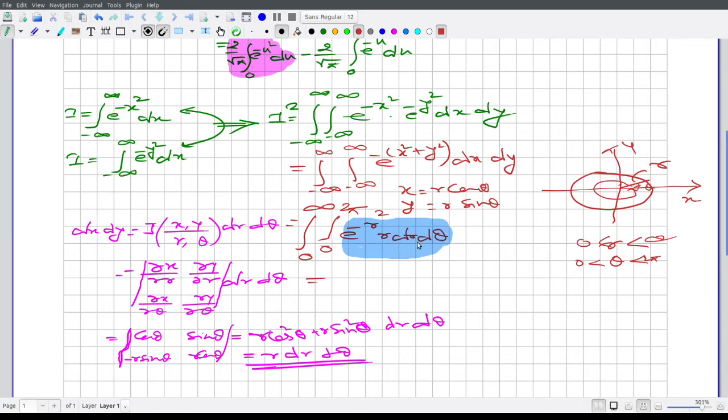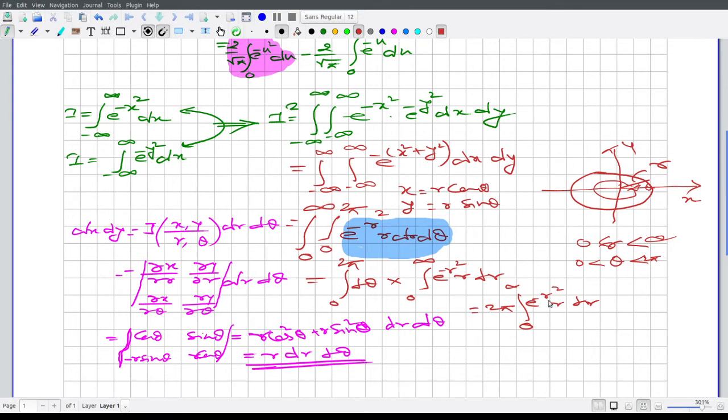First we can do the integral 0 to 2 pi d theta, times the integral 0 to infinity e to the power minus r square r dr. So the value of the theta integral is 2 pi, times the integral 0 to infinity e to the power minus r square r dr.